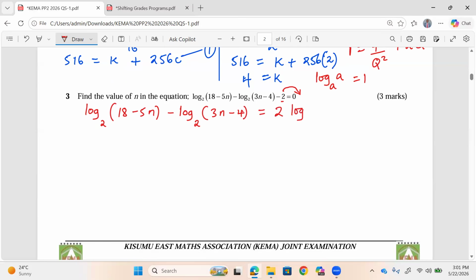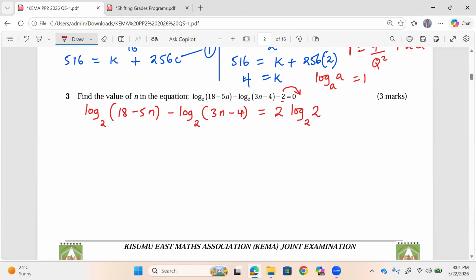I now write the logarithm of 2 to base 2, like that. With that, the value of 2 is not affected because this is the log of a number to the same base.